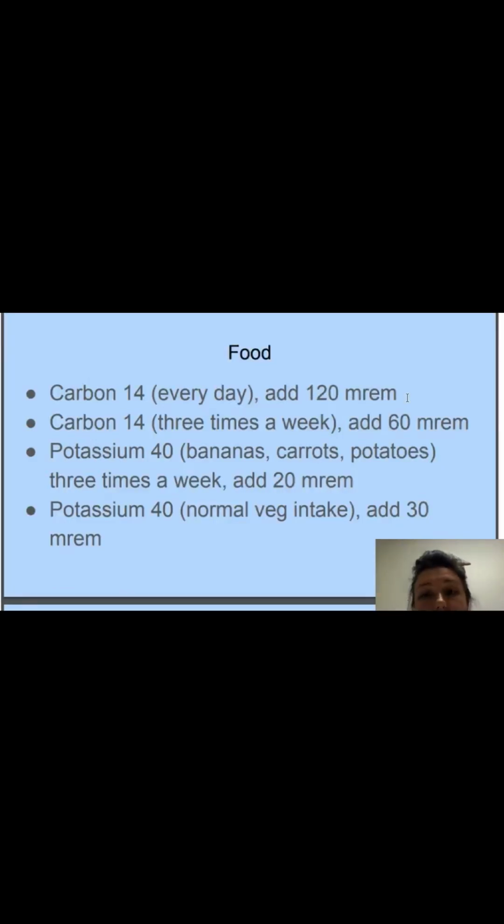So for example, if I'm eating meat every day, I give myself 120. And if I happen to add one of these 3 veggies often, I'm going to add 20 to that, giving myself 140. And then I do eat my vegetables every day. And so I'm going to give myself another 30 onto my 140. And so you're going to add together the numbers that are appropriate for yourself.